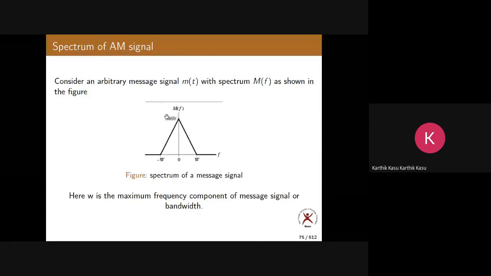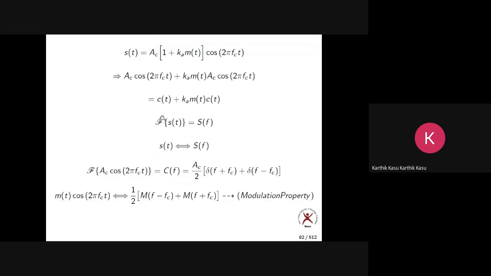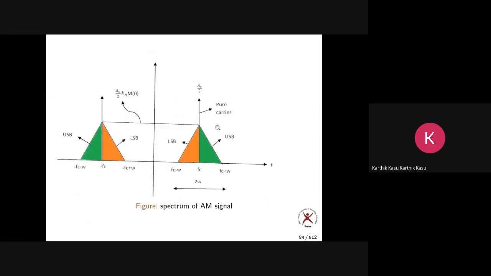Let us not give importance to these amplitudes for now. So this is M of F minus FC with the frequencies FC, FC minus W, FC plus W.